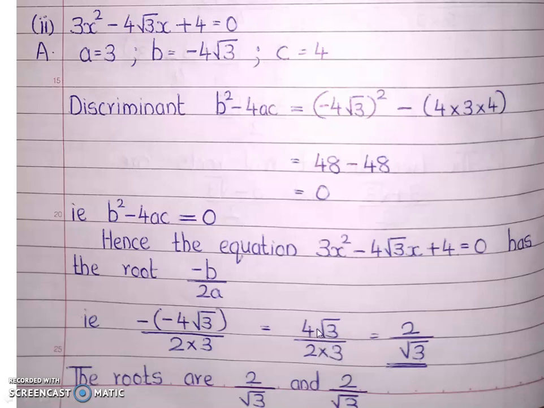How did you get that? 3 and 3 get, root 3 and 3 get cancels. You will get root 3. 4 divided by 2 is 2. Therefore, the roots are 2 by root 3 and 2 by root 3.